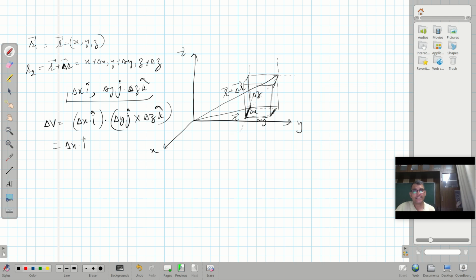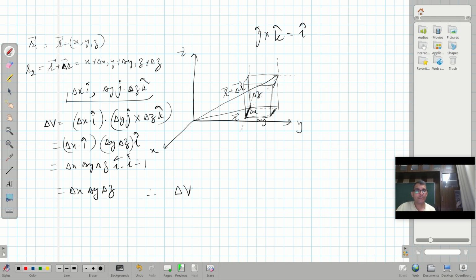So delta x i cap as it is, and delta y delta z i cap, because j cross k is i cap. So this will become delta x, delta y, delta z, and i dot i is always 1. So that's why it is written as delta x, delta y, and delta z. Therefore, the small volume element is written as delta x, delta y, and delta z.